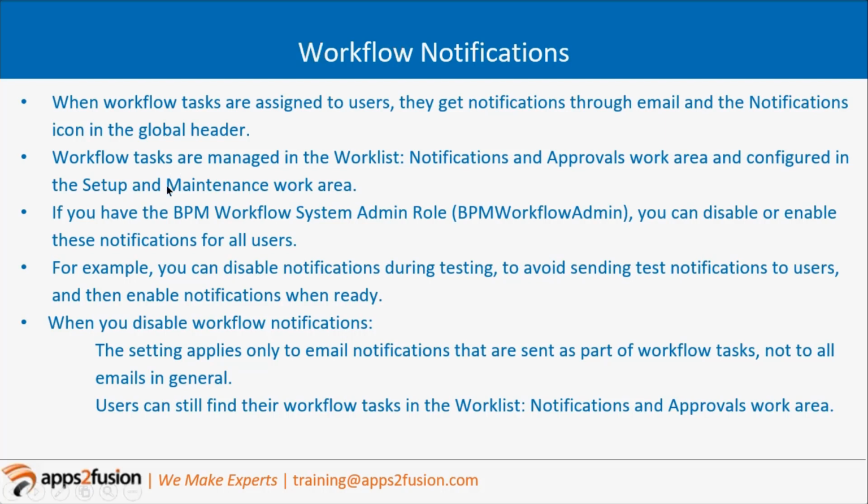If at any time we're not able to look at the notification, then this is the role to go to. This is normally used while we are doing some kind of unit testing on the client instance. In that case, we don't want somebody to keep getting notifications on their email, so we disable those at that point.